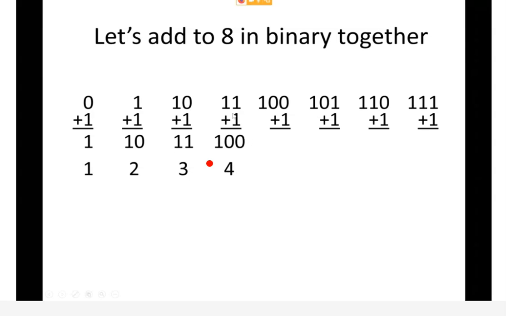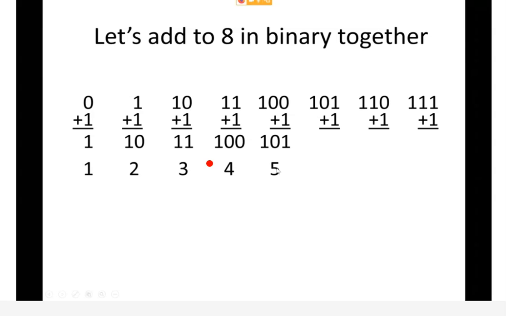And of course, 11 plus 1 is 100. What happened here is this is what we call the 4's column. So right now we have a 1's column, a 2's column, and a 4's column: 1, 2, 4. As we go through this, you'll see a little pattern that comes up.